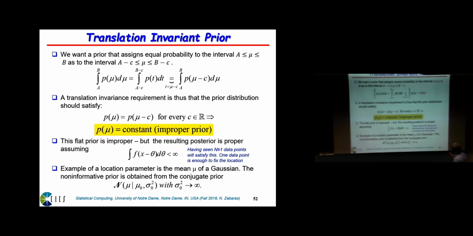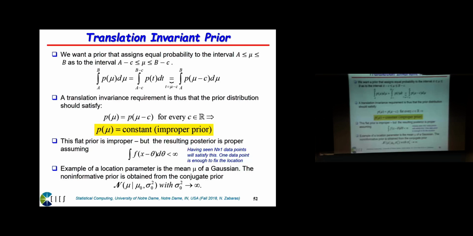And I am not going to bombard you on a Friday with integrals, okay? If you start with a probability mass from A to B, and you change some variables, you can write this as this integral from A to B again, just a change of variables, and you can see that for these two probability masses to be the same, P of mu has to be equal to P of mu minus C for every value of C, and the only way for this to happen is for P to be constant.